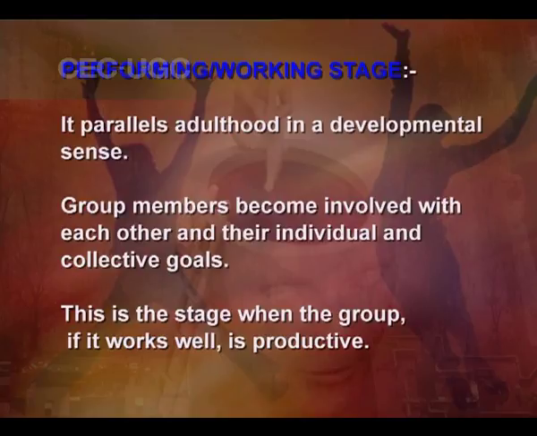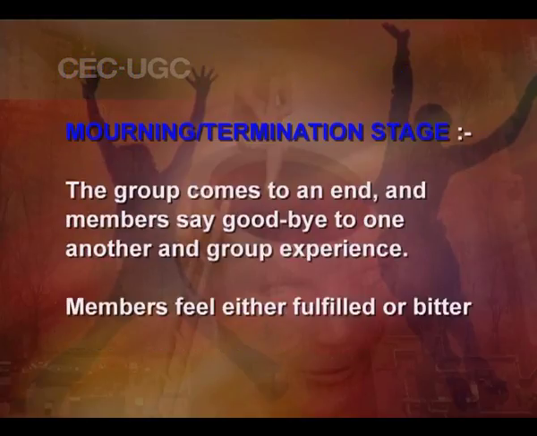Group members become involved with each other and their individual and collective goals. This is the stage when the group, if it works well, is productive. Mourning or termination stage: the group comes to an end and members say goodbye to one another, and group members feel either fulfilled or bitter.